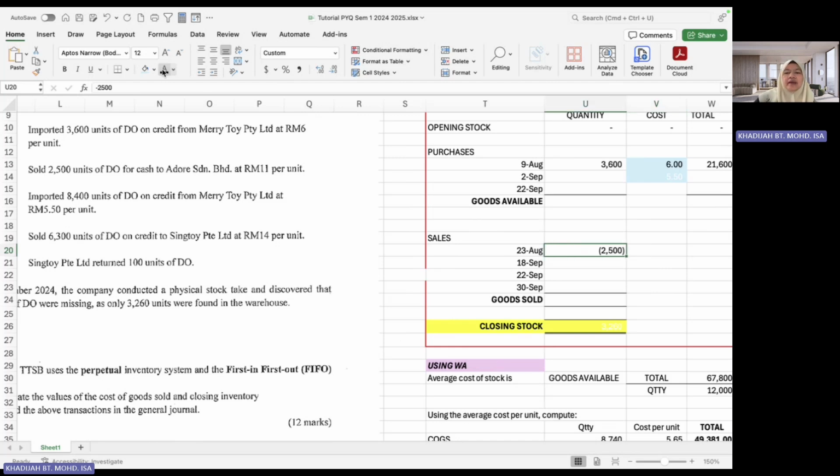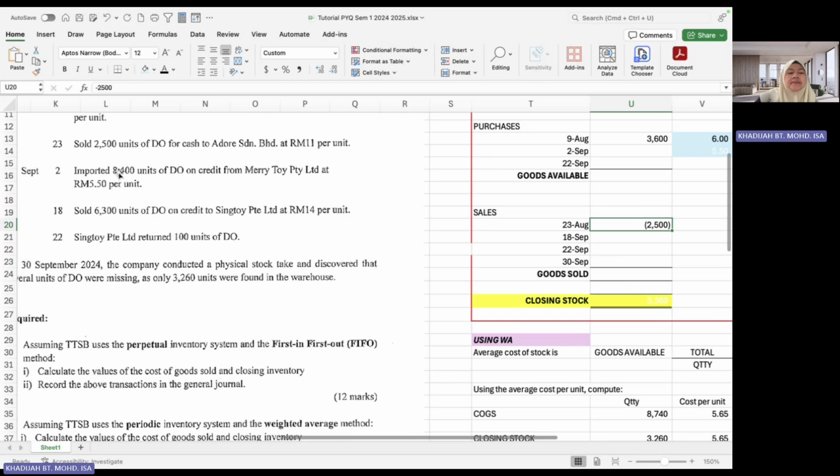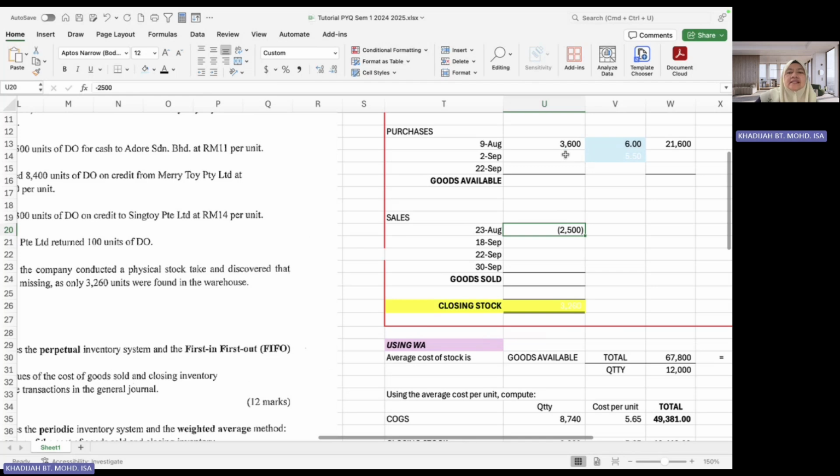We only want to identify the number of quantity for the sales on 23rd of August. And then on 2nd September, you imported another 8,400 at 5 ringgit 50 cent, and the total cost would be 46.2.